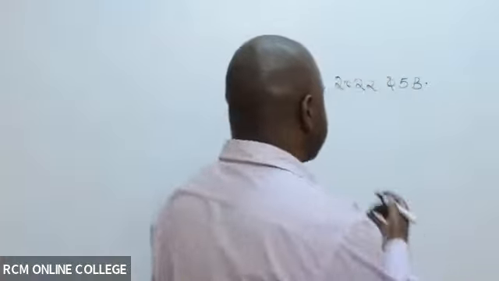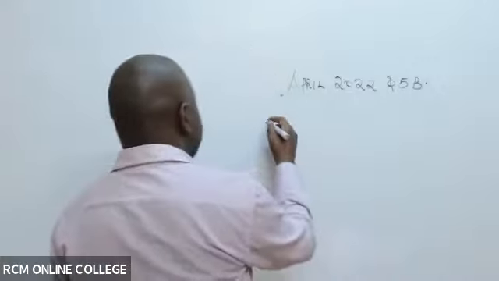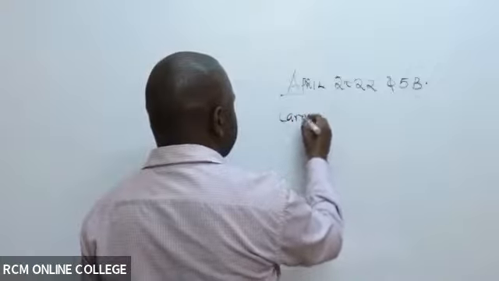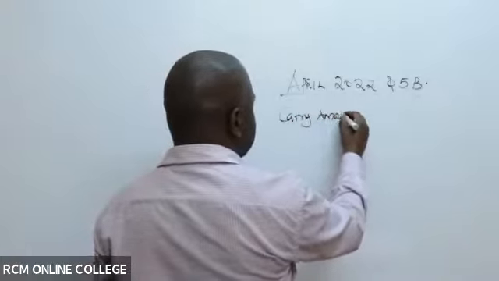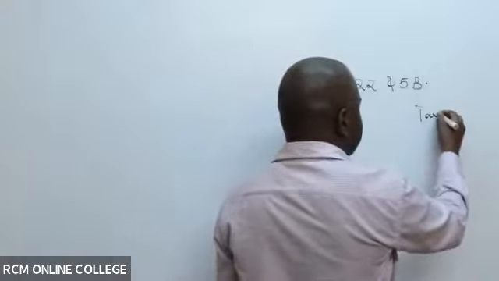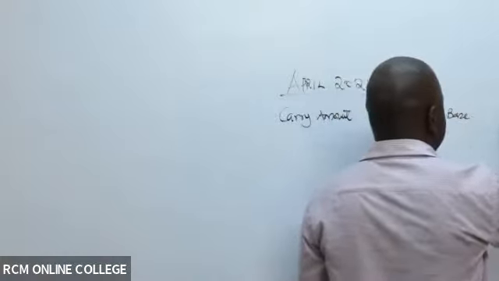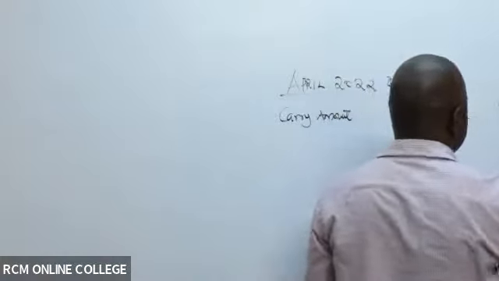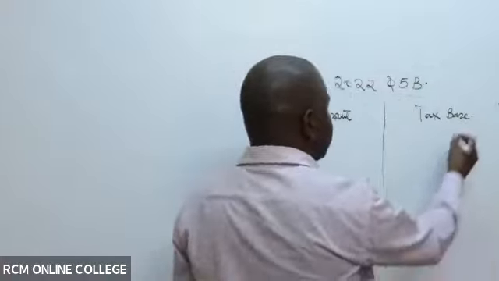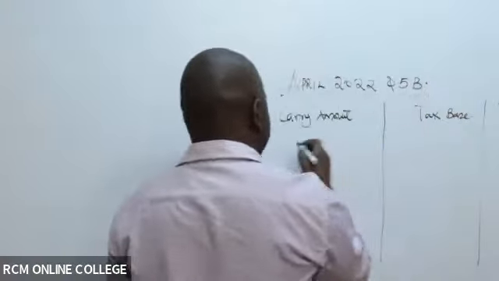So to get the temporary differences, we have the carrying amount, then we have the tax base. The difference between the two gives us the temporary differences, or the TD. So when you minus, you get the difference.